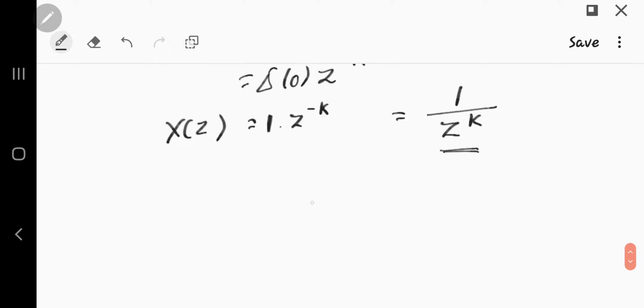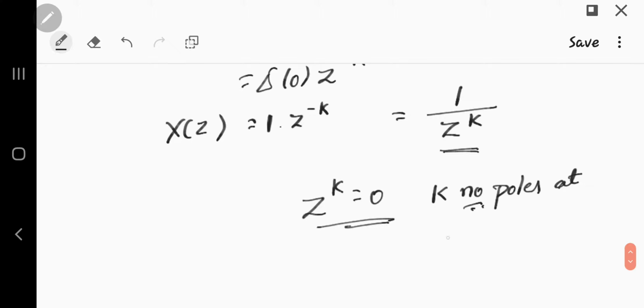If you equate z power k equal to 0, that means at origin we have k number of poles, as k takes positive values.